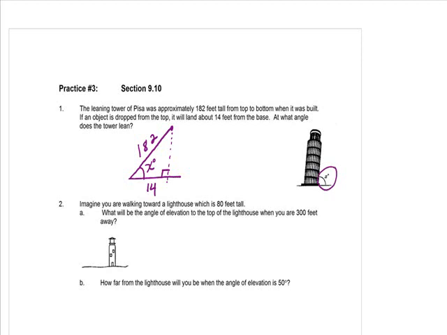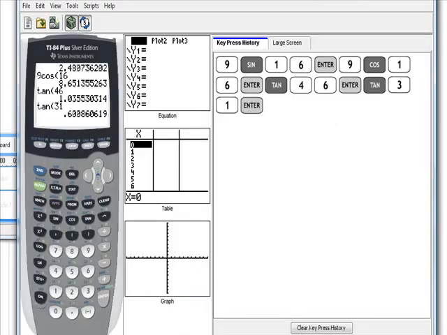Alright, to solve for x, what do I need to do? Cosine, adjacent over hypotenuse. So the cosine of x is going to be equal to 14 over 182. So in your calculator you have to go cosine inverse or second cosine, 14 divided by 182.